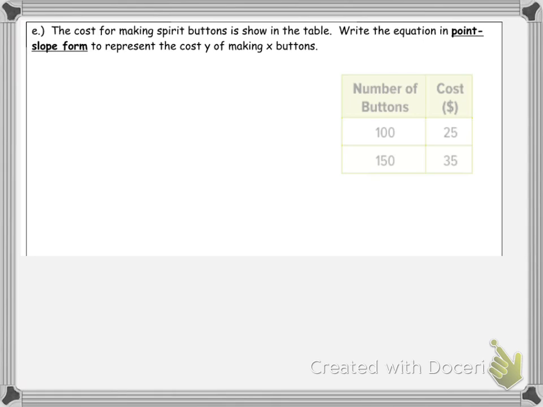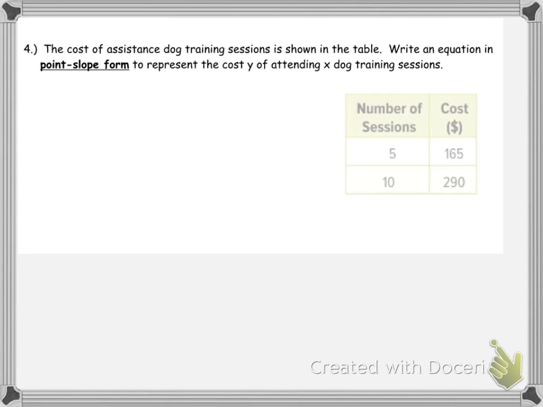You're asked to write the equation in point-slope form to represent the cost of attending x dog training sessions.